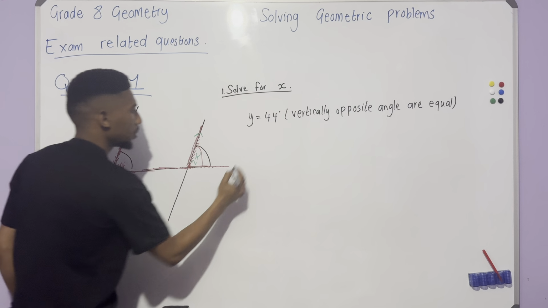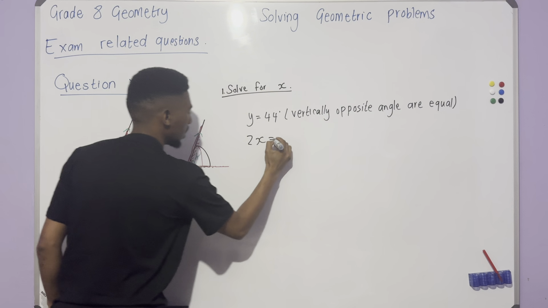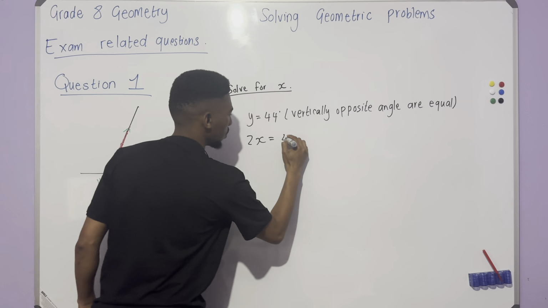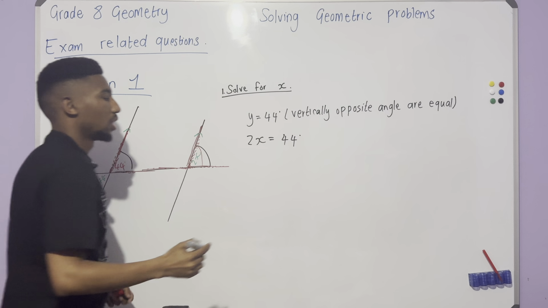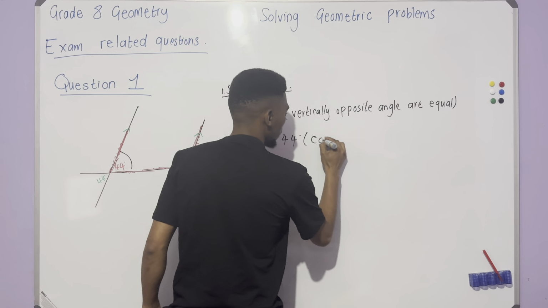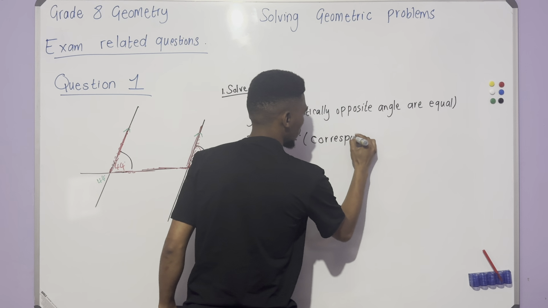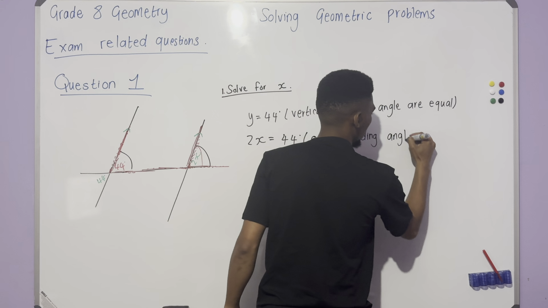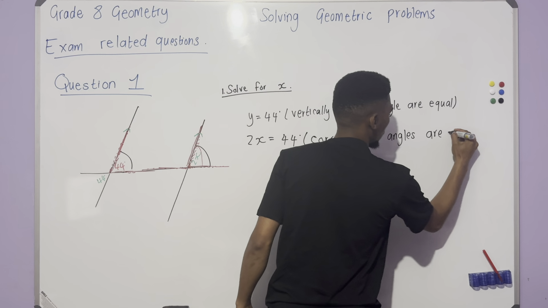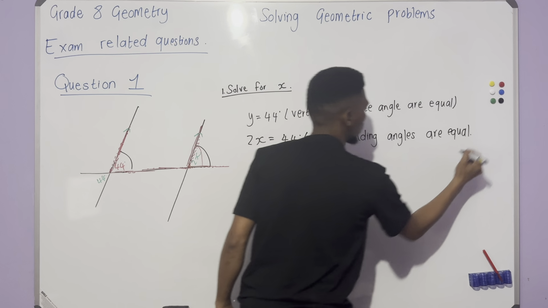Okay, so now we can say that 2x is equal to 44 degrees, and we know that the letter F is corresponding angles. Corresponding angles are equal.